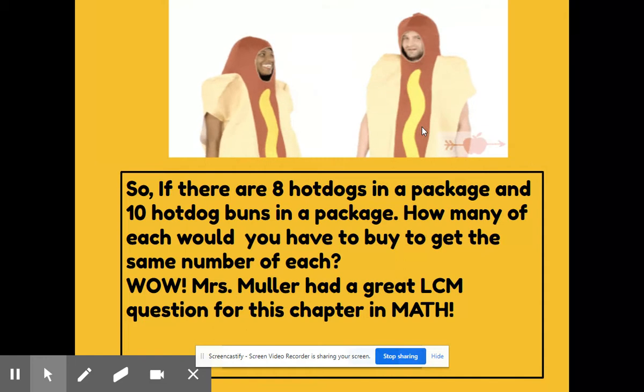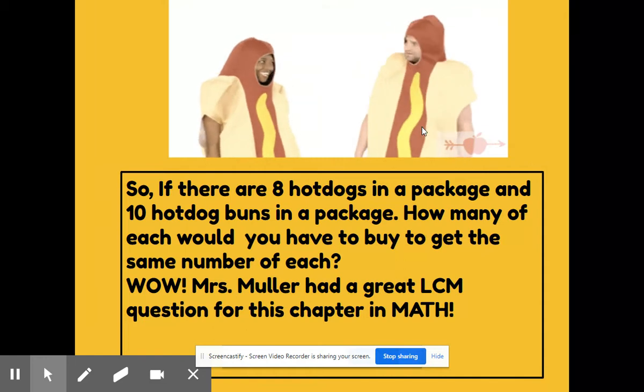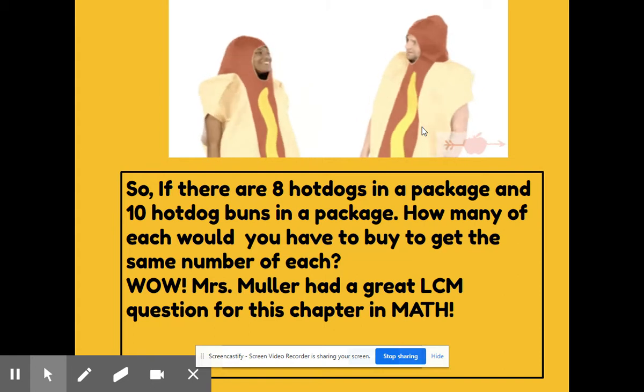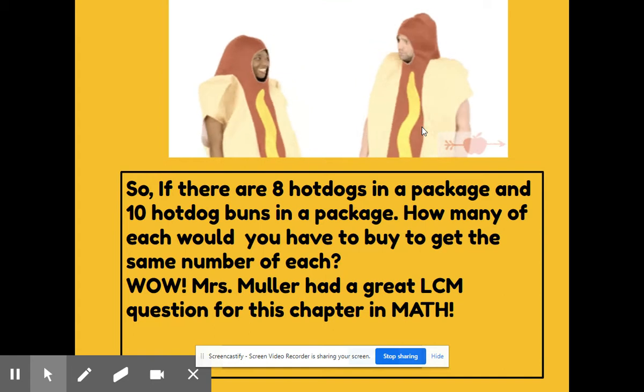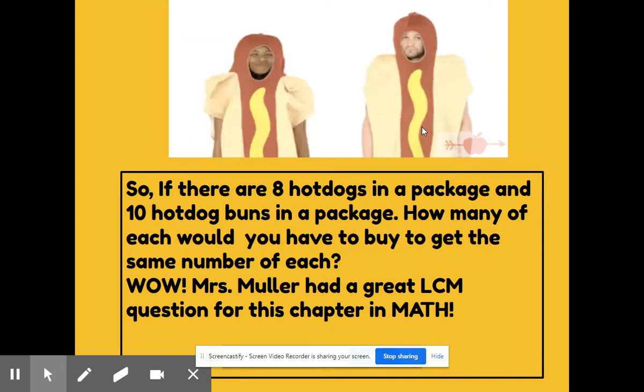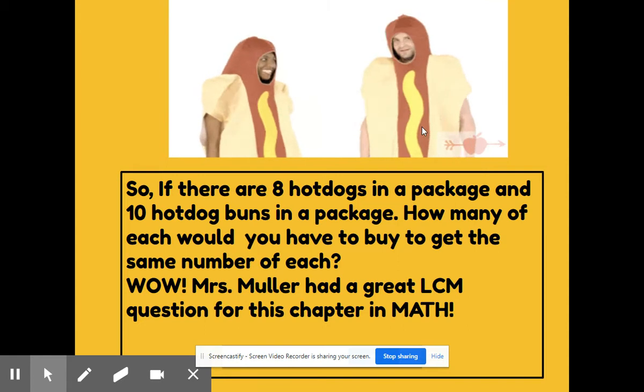Now, Mrs. Mueller yesterday was talking about hot dogs when we were doing that lesson with her. And I'm like, oh my gosh, that's a great math question. And it would fit in great with this chapter because we're talking about factors and multiples and least common multiple, greatest common factor, and all that business.